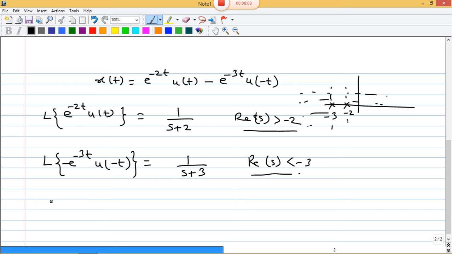So the Laplace transform we can write here, X(s), no problem, 1 by s plus 2 plus 1 by s plus 3, but the ROC does not exist.